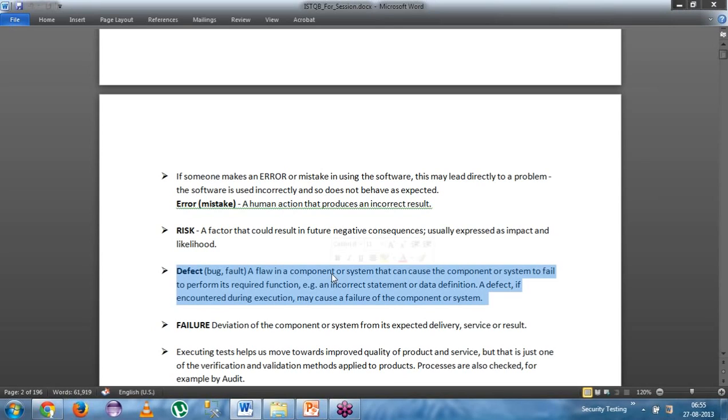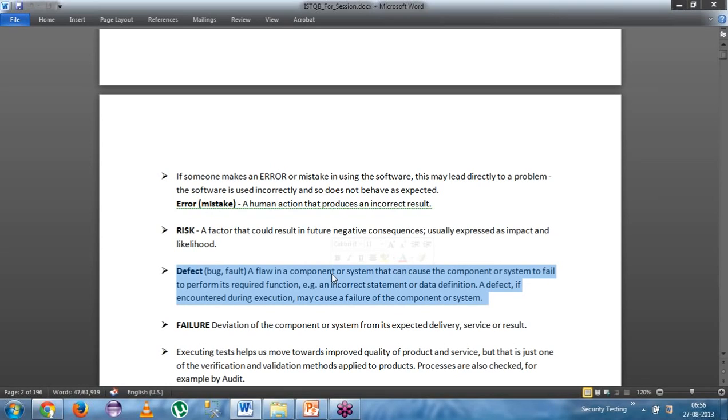The defect is when you execute a set of statements, and if your expected is not equal to actuals, you mark it as a defect, and it goes through the defect life cycle. We will talk about the second half of the terminologies later in these chapters. That's how the syllabus has been designed.